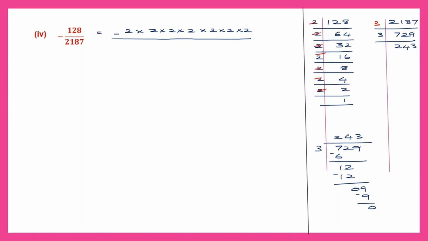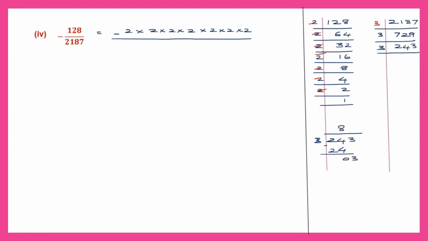Yes, it is divisible by 3. So again, let's divide this by 3 and see. 243 divided by 3. So that will be 3 eighths are 24 minus, so we have 0, we bring down 3, 3 ones are 3. That's 81. So 3 into 81 is 243, and this we can again divide by 3.